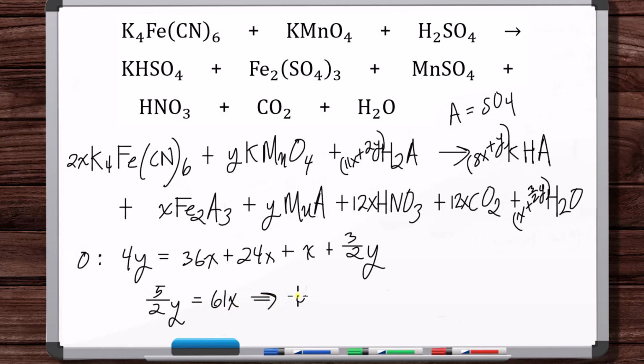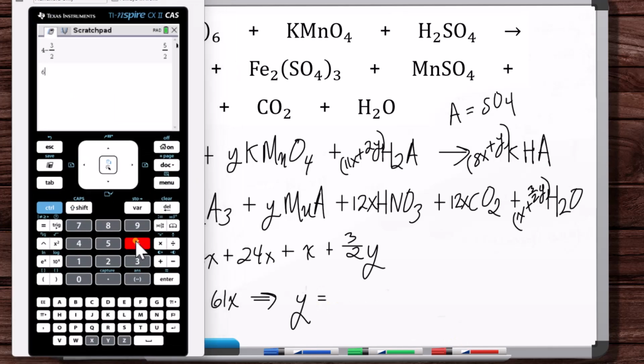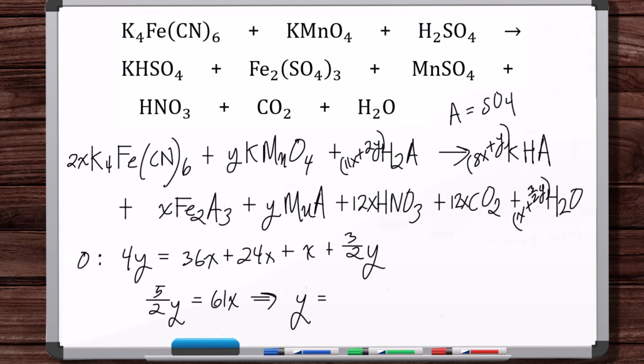Okay, so Y is equal to 61 divided by 5, 122 divided by 5X.